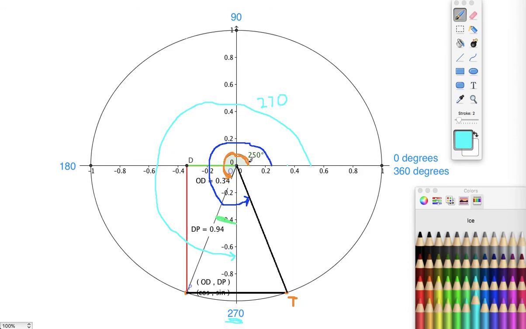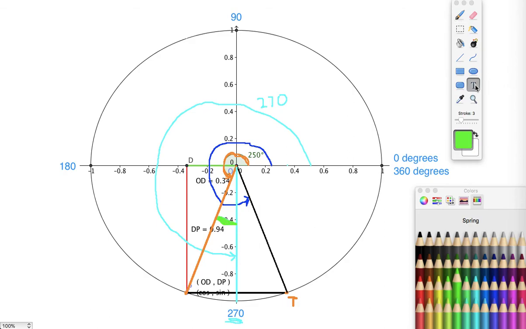So when I get to this line right here, that's 250, and when I get to this line right here, that's 270. Then this distance in between is just the two of them subtracted.